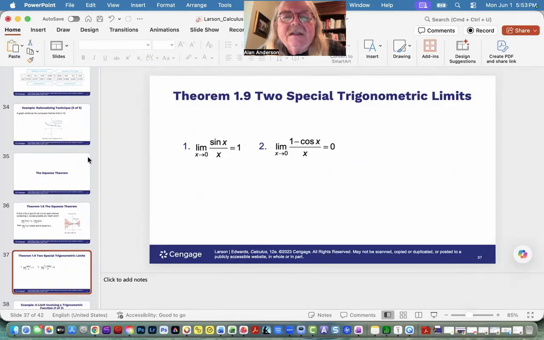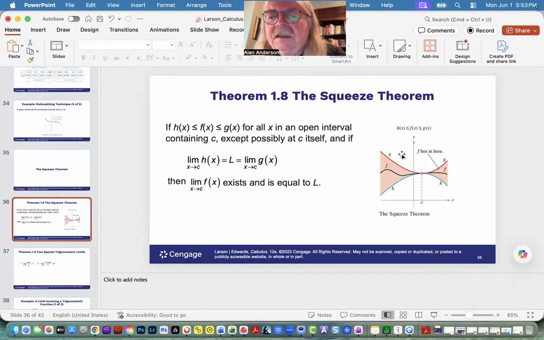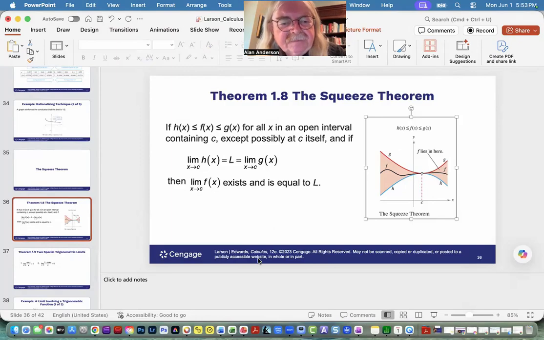this is going to be a little tricky to apply, but sometimes it works well with trig functions. What they're basically saying is that if you have two functions, three functions actually, let me just grab a copy of this so you can see what they're talking about.